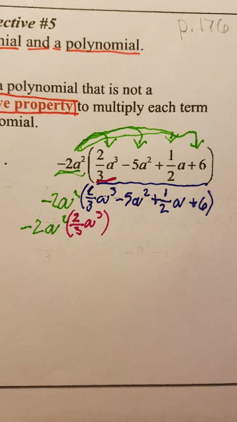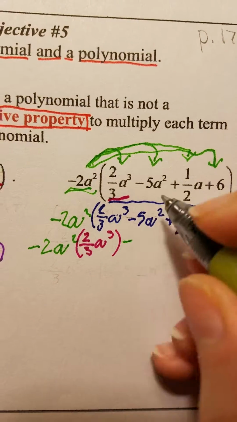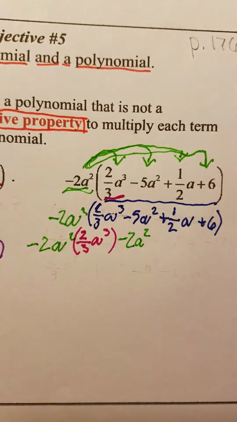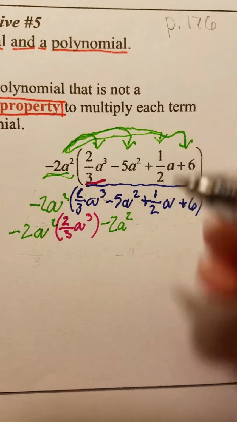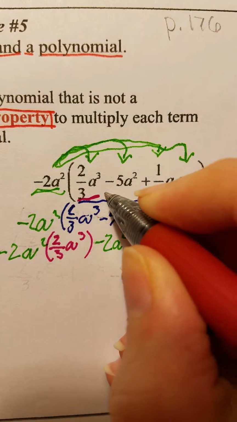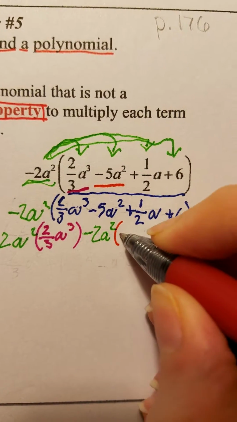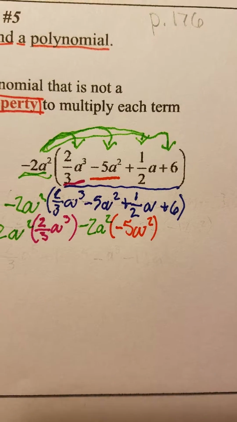And then next we're going to write that down again, and you're going to distribute it to the second one: negative 5a squared.